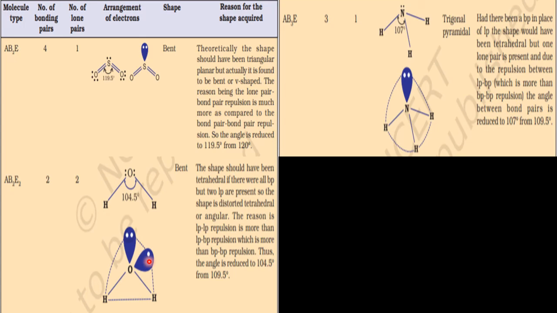Then when it goes this side, this bond pair will have repulsion with this lone pair, and if due to repulsion it goes this side, this will have repulsion with this bond pair. So totally, the effect is what? It wants to take 109.5 as in the case of tetrahedral, but it is reduced to 104 due to the two lone pairs.